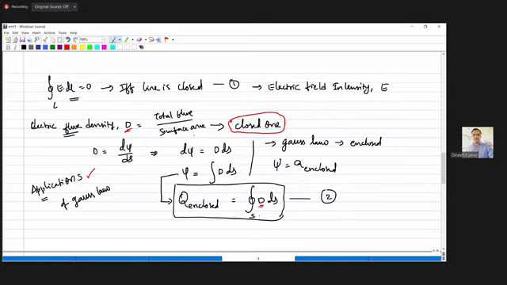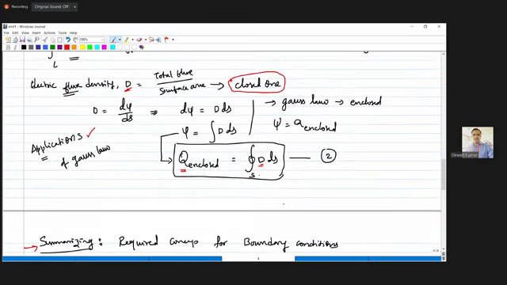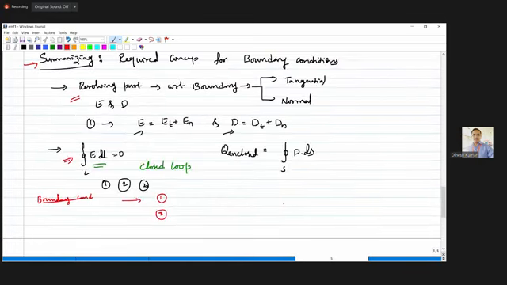If and only if the surface is closed can we apply Gauss law, and hence I have written Qenc is equal to the closed surface integral of D dot dS. These are the summarized parts, part 1 and part 2, and I will make use of them.